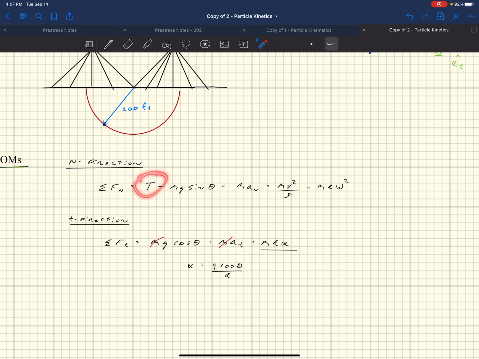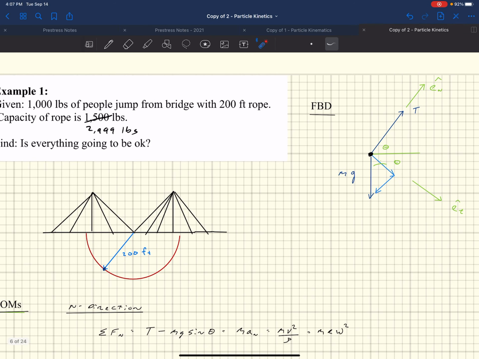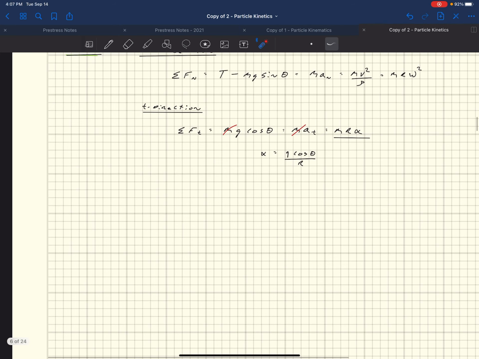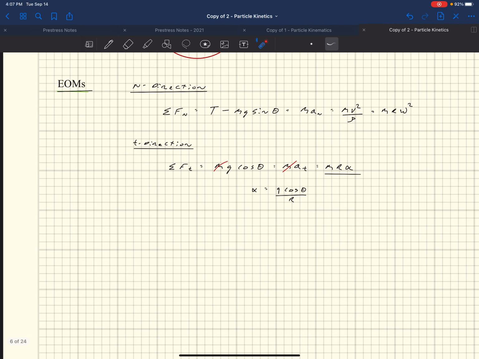What I'm after is t here. Once I solve for this t, then I can compare that to the 2,999 and see if it's going to be okay. If that t is bigger than 2,999, there's going to be a problem. If that t is less than that, everything's going to be okay.